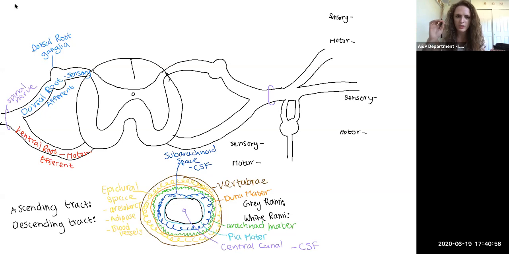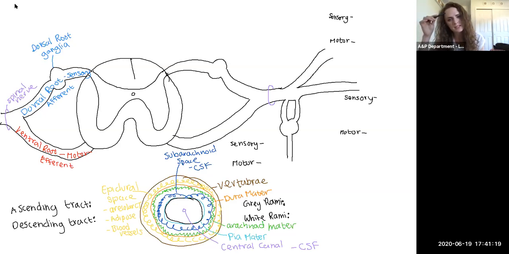You also need to know where there is cerebrospinal fluid, because if you were going to take a sample of cerebrospinal fluid, this is where you'd get it, and you need to know which layers you're going to penetrate to be able to pull out that fluid. Okay, your epidural space does not have cerebrospinal fluid, it's just fat and connective tissue.